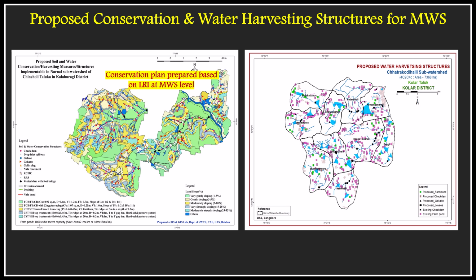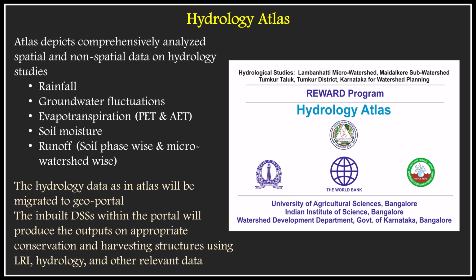Based on this data, the conservation plan for the watershed and proposed water harvesting structures are depicted in the map. In the end, considering all the parameters, the Hydrology Atlas is prepared.